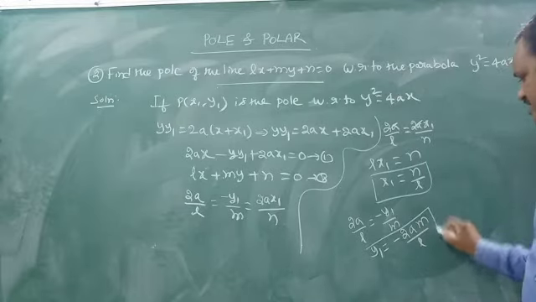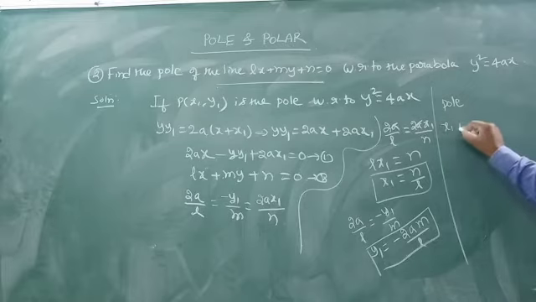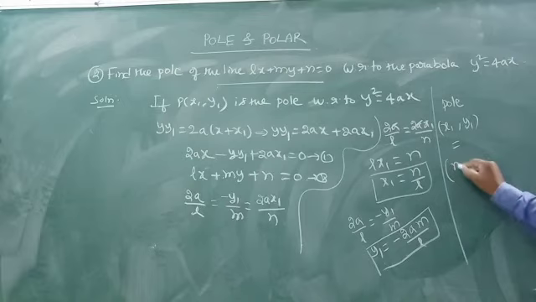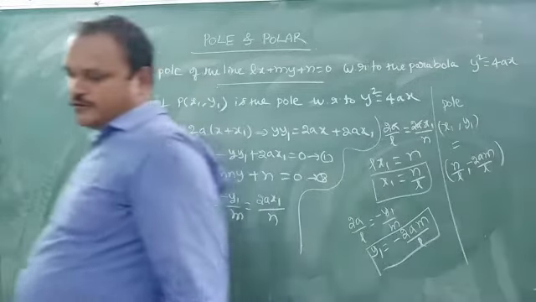Therefore, the required pole x1 comma y1 is n by l comma minus 2am by l. That is the required pole, right, my dear students?